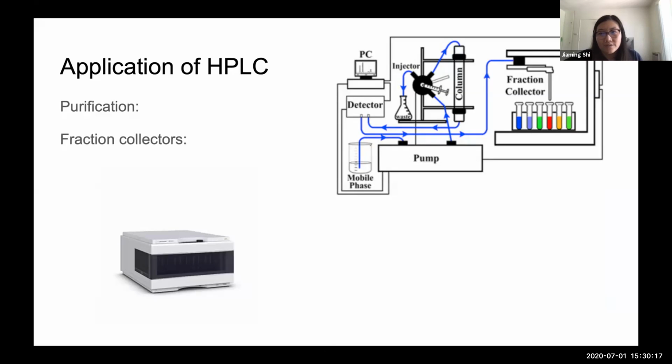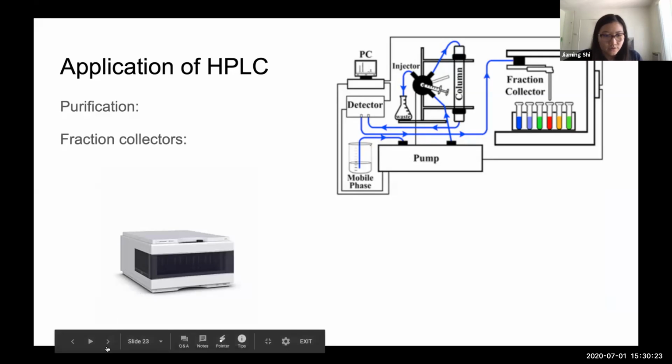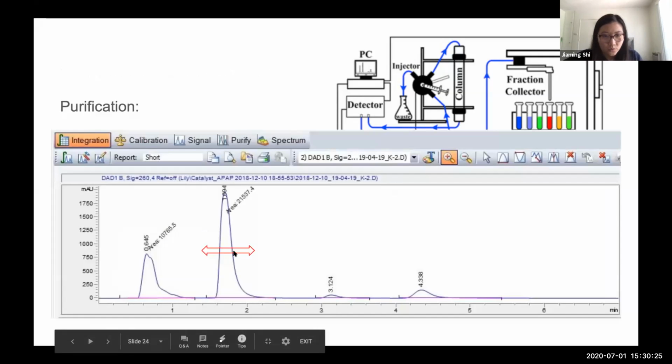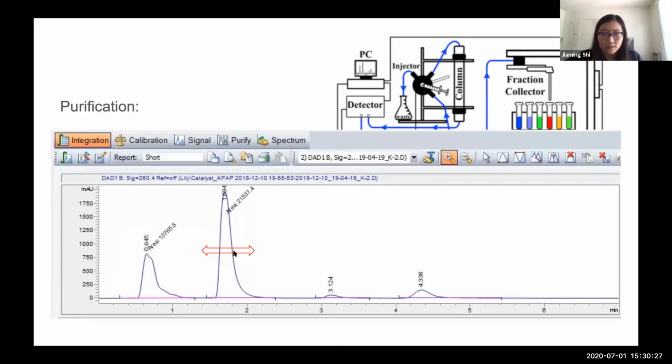But if you have this fraction collector, it can collect the part that you want. For example, we're now looking at 4 different peaks. That means the sample has 4 different compounds, but it's a mixture. But you only want the second one, the one at the 1.7 minute.